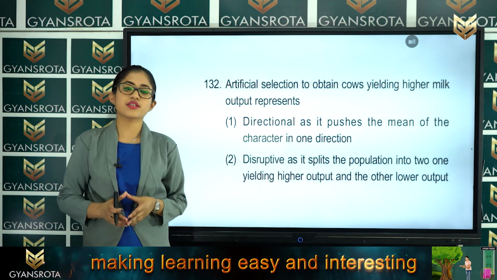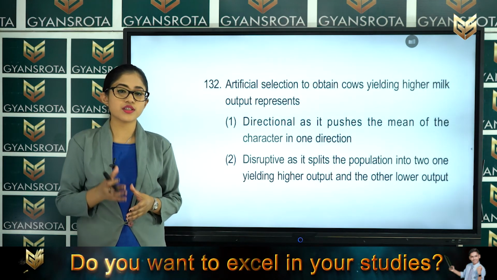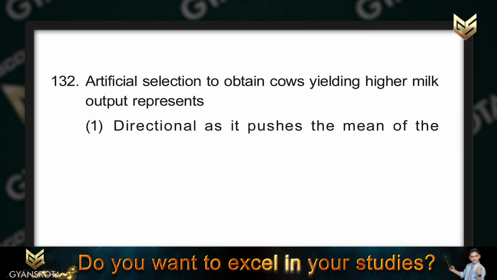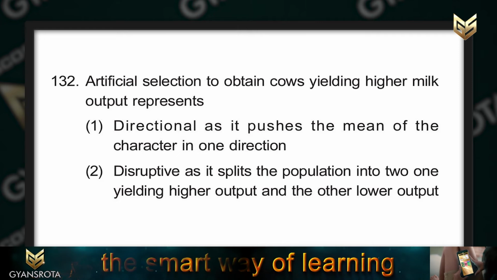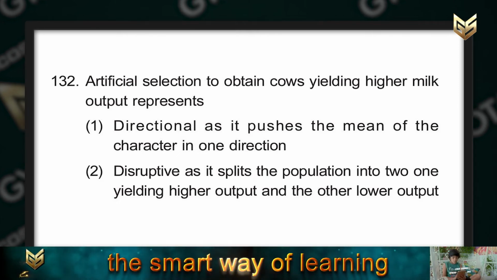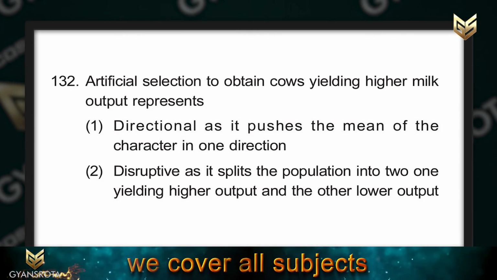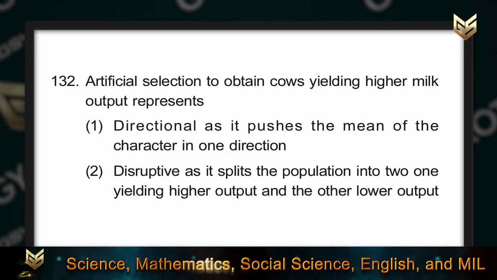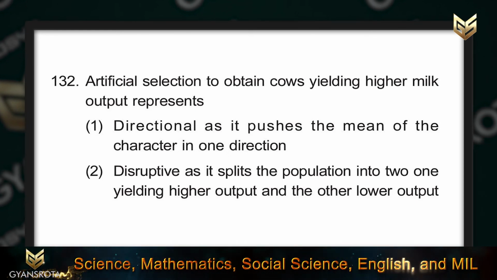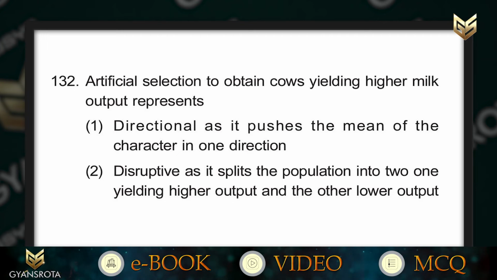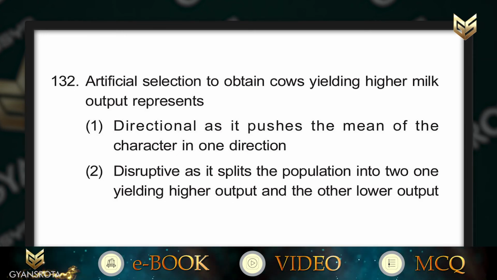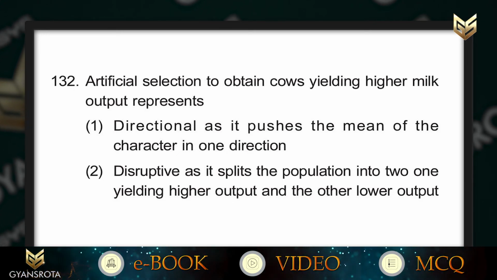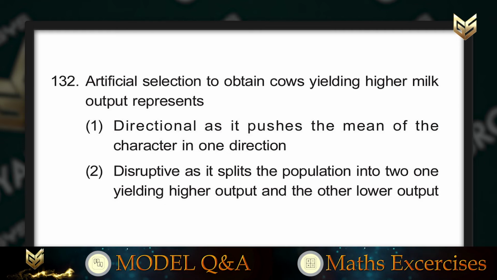In the next question, that is question number 132: artificial selection to obtain cows yielding higher milk output represents. First option is directional, as it pushes the mean of the characters in one direction. Option number 2 is disruptive, as it splits the populations into two, one yielding higher output and the other lower output.